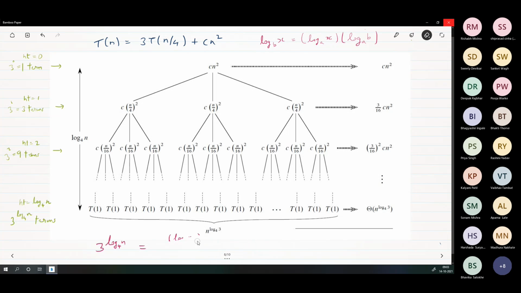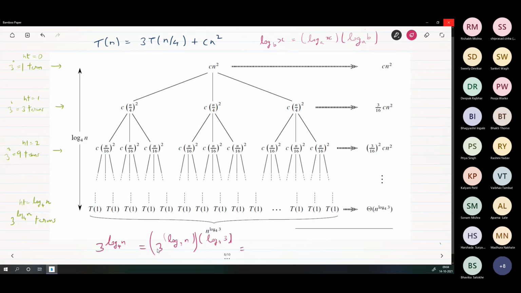So let me write it down again. This is 3 raised to log n to the base 3 times log 3 to the base 4. Now you see how this is appearing more or less. So this is in fact equal to 3 raised to log n to the base 3, raised to log 3 to the base 4.